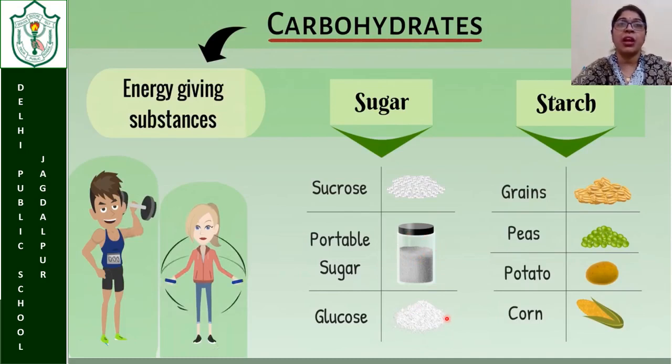Glucose is the fine powder. Grains give us starch, all the grains, whether it is rice or wheat. When you cook it, it becomes sticky. That means it has starch. Peas, potato, corn are the starch giving carbohydrate sources. And sugar giving carbohydrates are sucrose, table sugar and glucose.